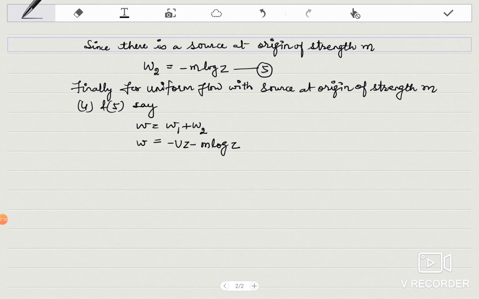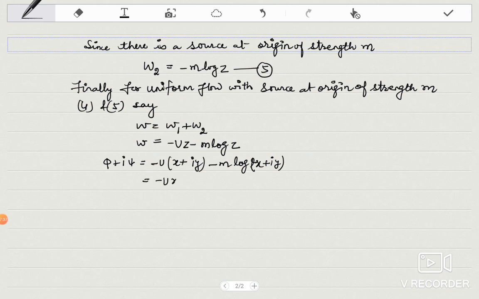We may write it in Cartesian coordinates, or we may write it in polar coordinates. So w is equal to phi plus i psi, equal to minus U x plus iy minus m log z, with z as x plus iy.